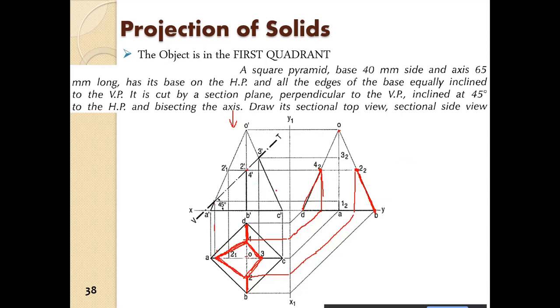And if you see from the side, 4 and 2 dash you will see here, 3 dash you will see here, and these are the two edges, and similarly 1 you will see here, and this is the edge.